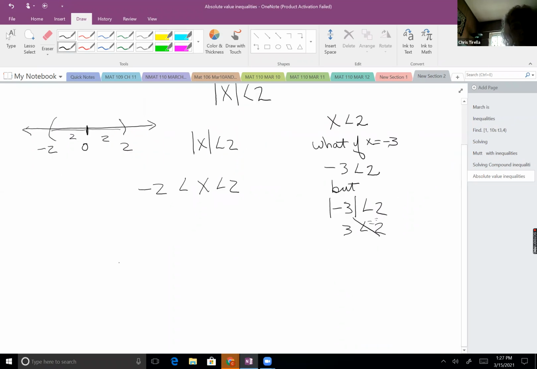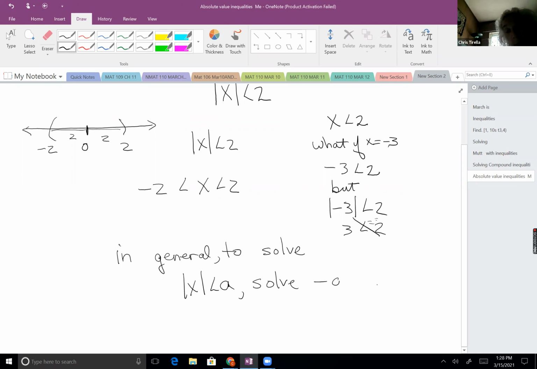And so I'm going to say, in general, to solve the absolute value of x is less than a, we're going to solve -a is less than x is less than a. We have to solve that compound inequality.